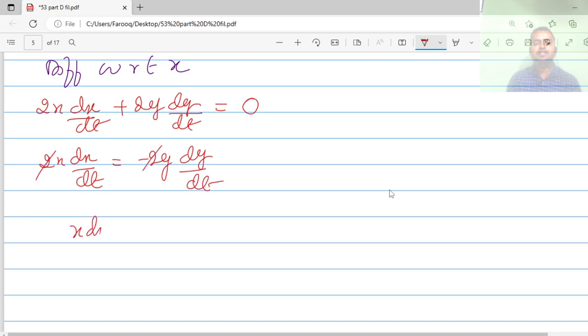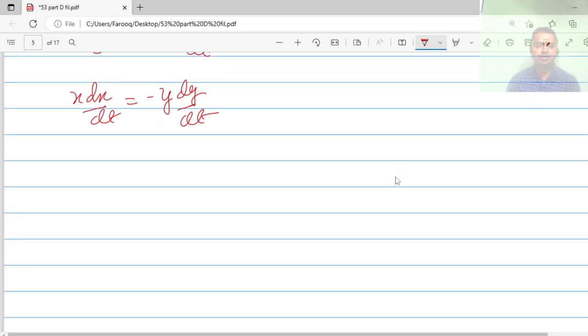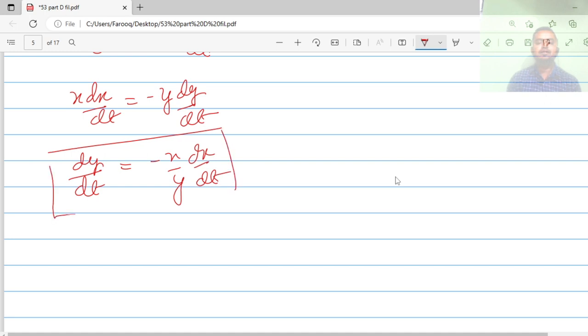Then x dx by dt plus y dy by dt equals 0, and dy by dt is equal to minus x by y dx by dt. All this is equation 1.